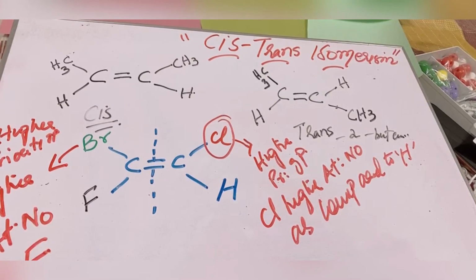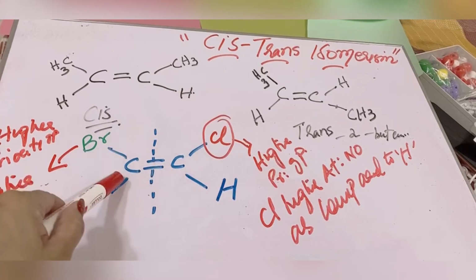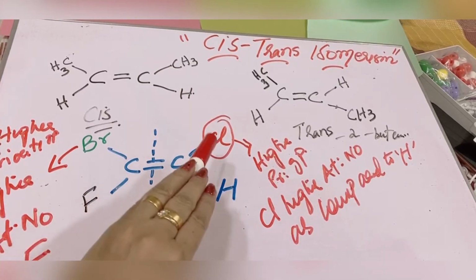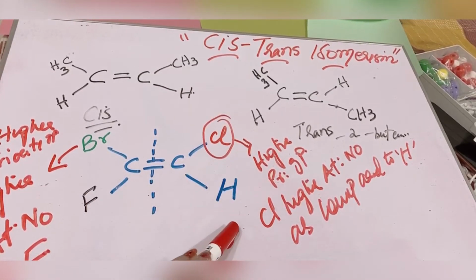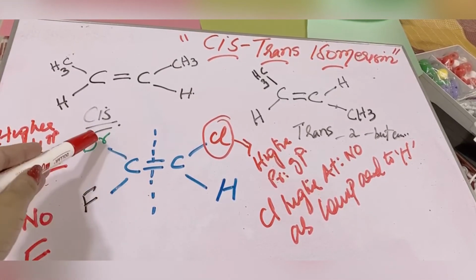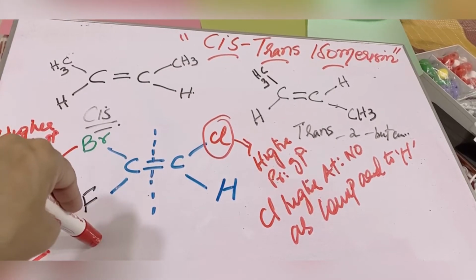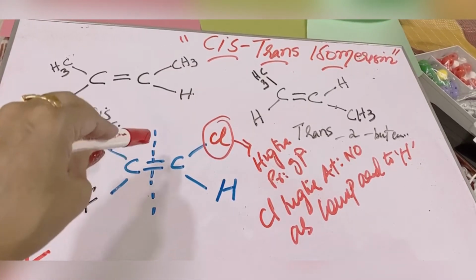Now here the chlorine was on the second carbon atom, right? This is the first carbon atom, this is the second carbon atom, and it has the higher atomic number as compared to hydrogen and across the double bond. Whereas here the bromine atom has got the higher atomic number as compared to fluorine, right? That is carbon number 1 and it's attached to carbon.